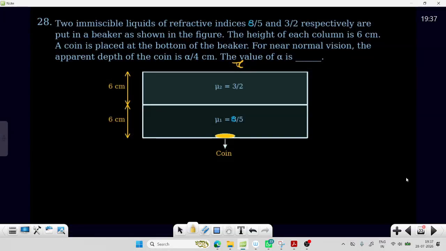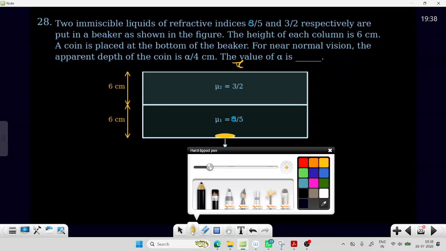The height of each column is 6 centimeters. A coin is placed at the bottom of the beaker. For near normal vision, the apparent depth of the coin is now?